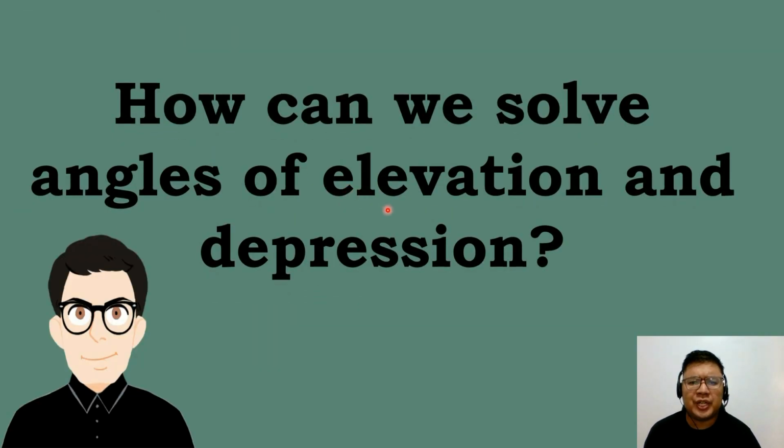So the question is, how can we solve angles of elevation and angles of depression? We can solve this by using trigonometric ratios. Trigonometric ratios often help us set up an equation which can then be solved for the missing measurement.